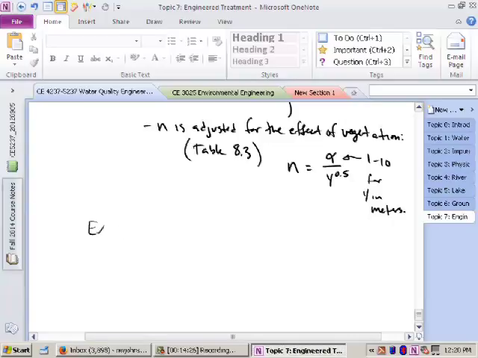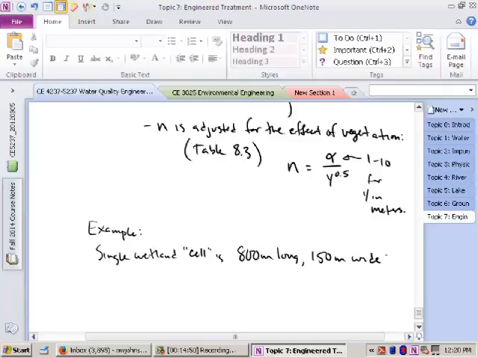So in this example, there's a wetland cell that is 800 meters long, 150 meters wide, and is on a slope of 0.0005.